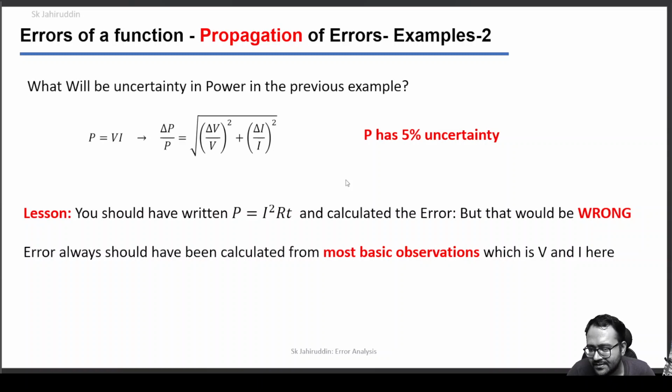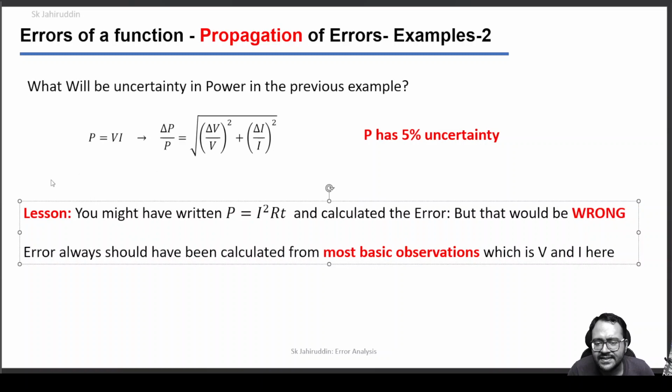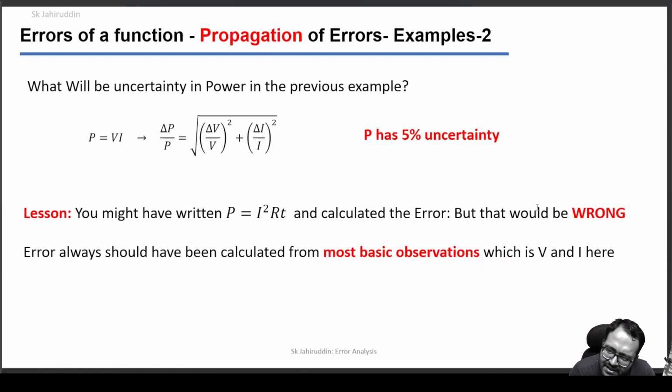But one lesson has to be learned from here also. You might have written P as I squared R and calculated the error, but that will again be wrong. We should change the color from red to green.